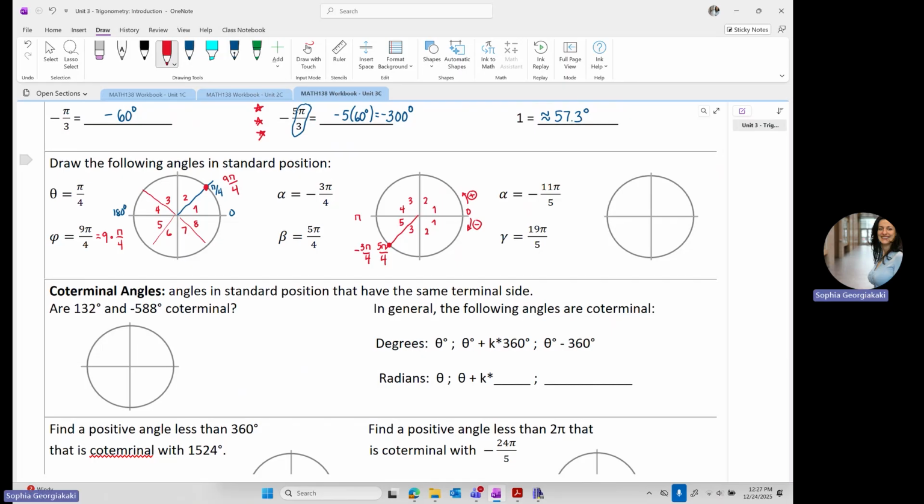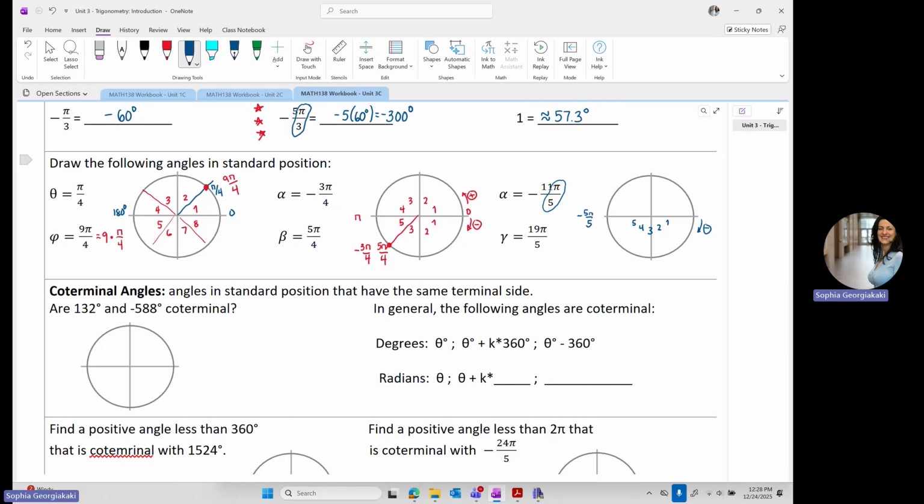Now, negative 11 pi fifths, I actually do not need to know how much is pi fifths. I just need to know that I need 5 of those to get to 180. And first I'm going to start in the negative direction, and I'm going to do 1, 2, 3, 4, 5. And now here I will be at negative 5 pi fifths.